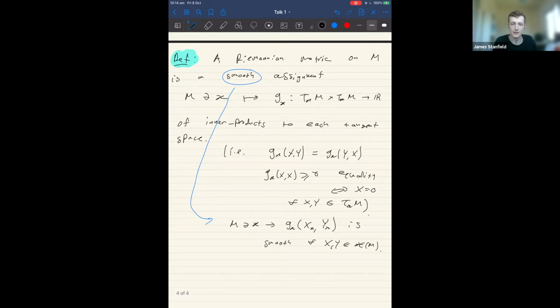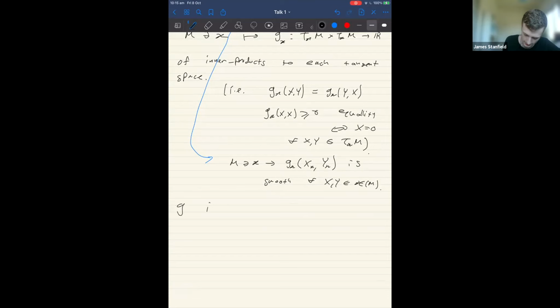So we have a notion of lengths and angles assigned to each tangent space. And this is, I mean, the essence of what we want to do, right? We want to talk geometrically about things, and this is a pretty natural geometric object. Okay, I guess g is a tensor field, or a true tensor field, for those who know what that is.